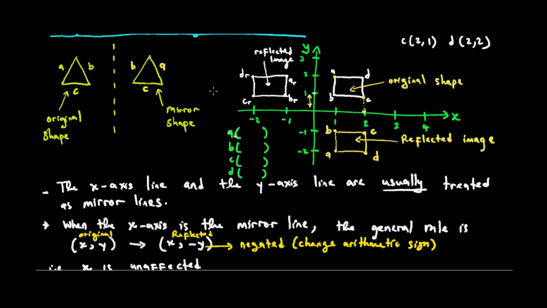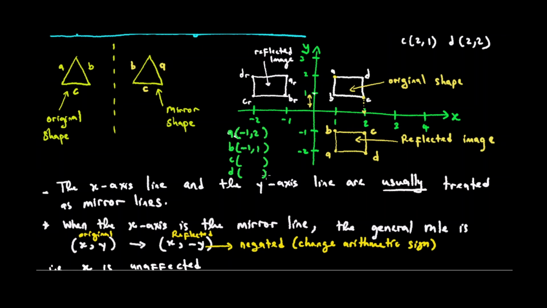So the question wants the coordinates of A, B, C, D, but of the shape reflected using the y-axis as the mirror line, or line of symmetry. A will be -1, 2. B will be -1, 1.